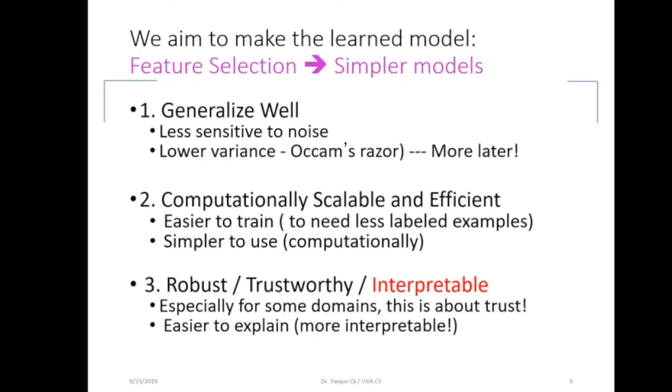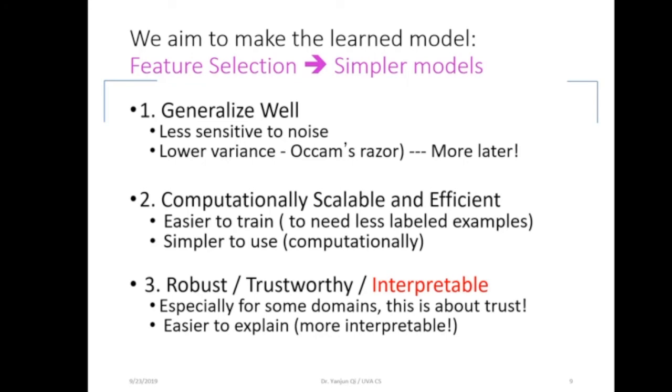But if your training data changes just by adding a little bit of noise and your model completely changes a lot, that means a high variance model. And when you have a lot of features, the variance in the model is actually quite high, but I'm going to explain that later. So this is still just an intuitive introduction.